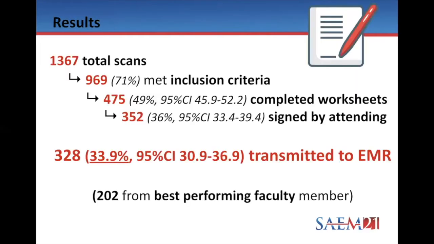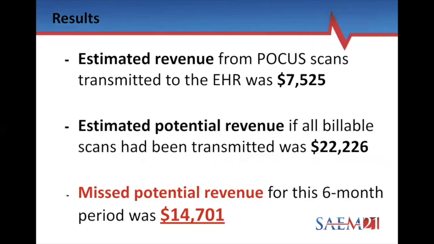In the 6 months, there were about 1,300 scans, of which 900 or so met our inclusion criteria. About half of those scans had completed worksheets from the residents, and then about 350 scans were signed by an attending. Ultimately, a grand total of 328 scans, or about 34% of the original scans, were transmitted to the EMR and therefore billed for services provided.